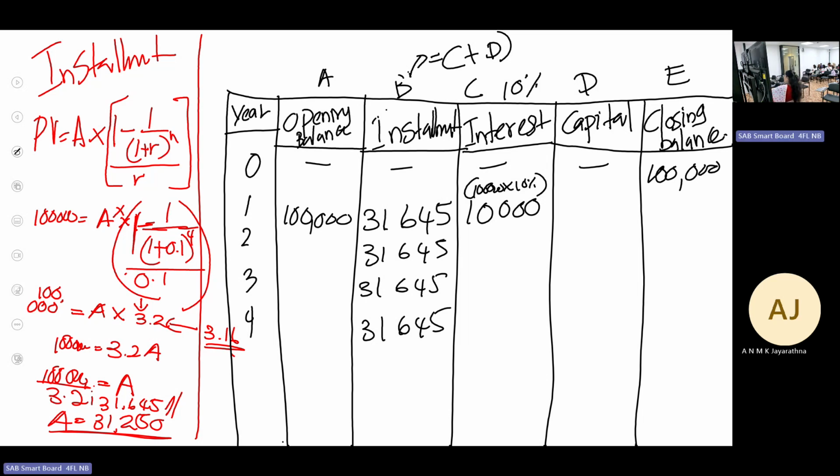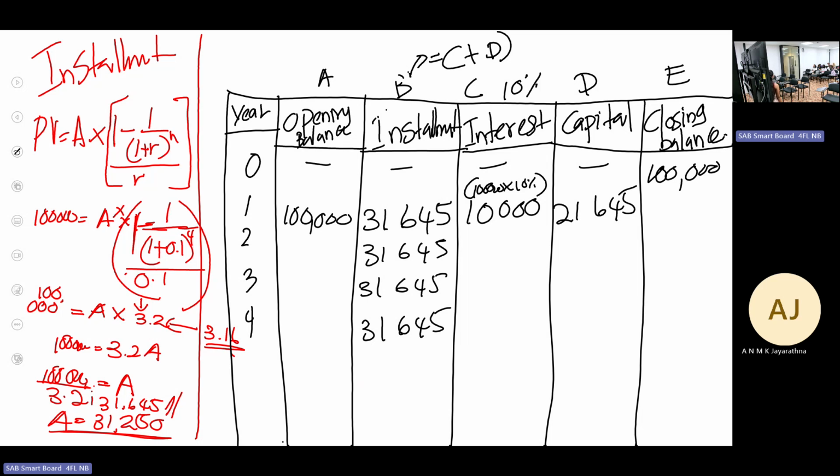What is now your capital part of the installment? 21,645. Opening balance is 100,000. We just paid 21,645.